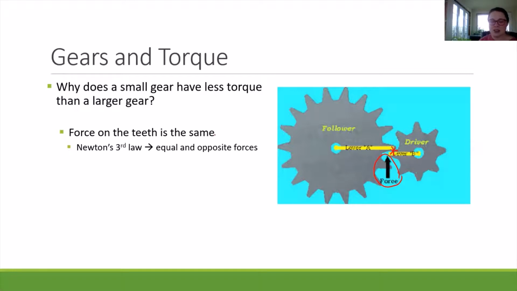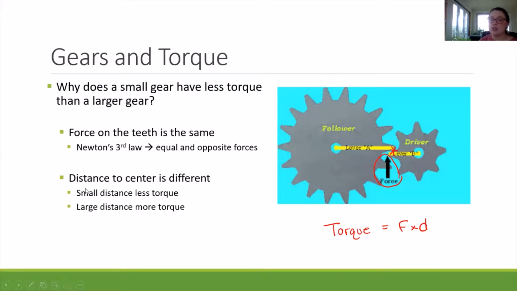Now, the torque formula is torque equals force times distance. We learned that with levers. The longer the lever, the more torque at the center. So we have a different distance to the center of each wheel. So the force stays the same. We said the force on the teeth of the big gear and the little gear is identical because of Newton's third law. So if the large gear has a longer distance, torque equals force times distance.